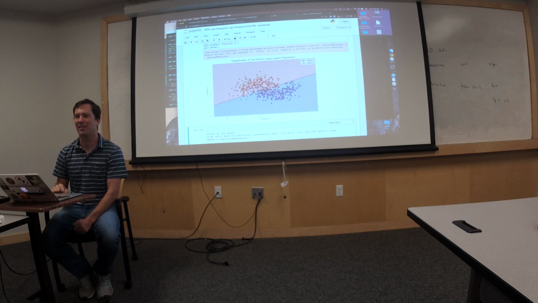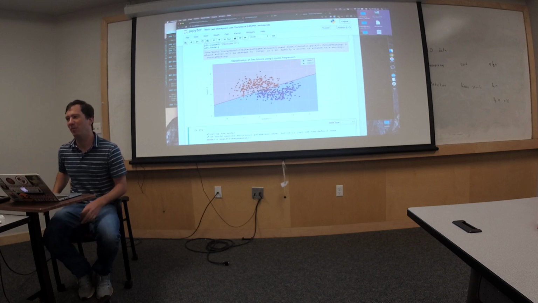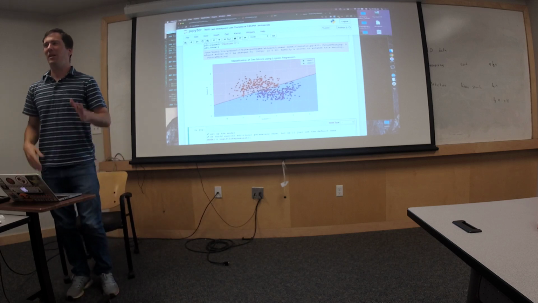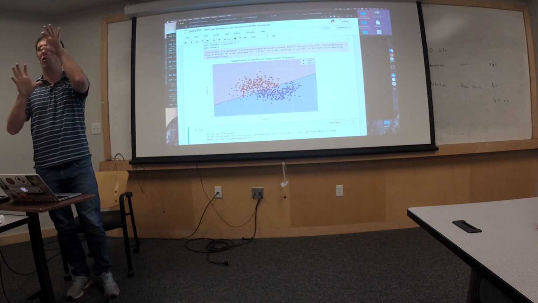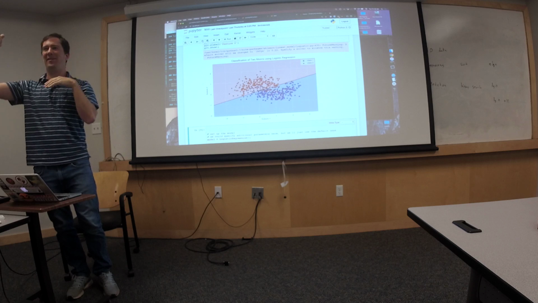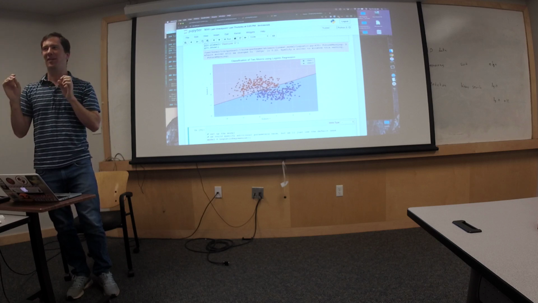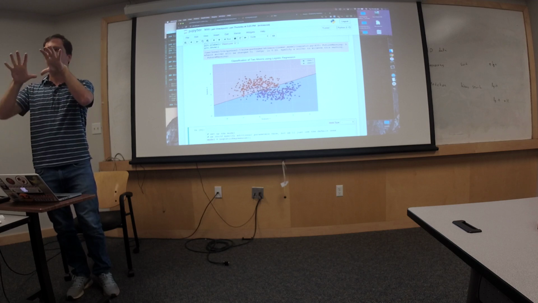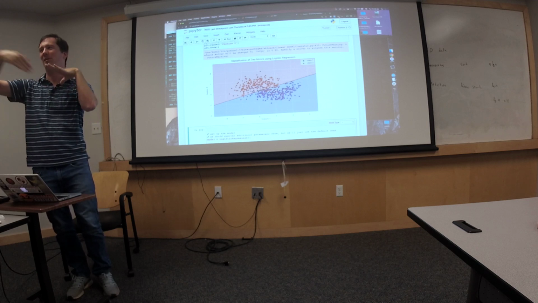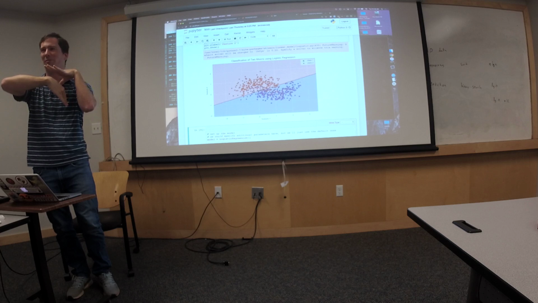Some of the techniques we'll look at are really cool. They fit straight lines to everything, and then what they do is they basically warp the world. If you imagine these points on a piece of paper, they kind of twist the paper so that if you draw a straight line across it, it works well.